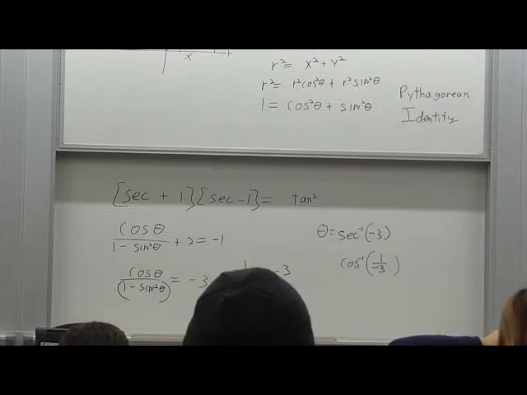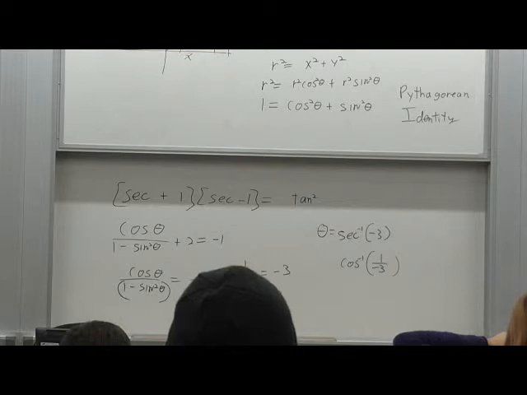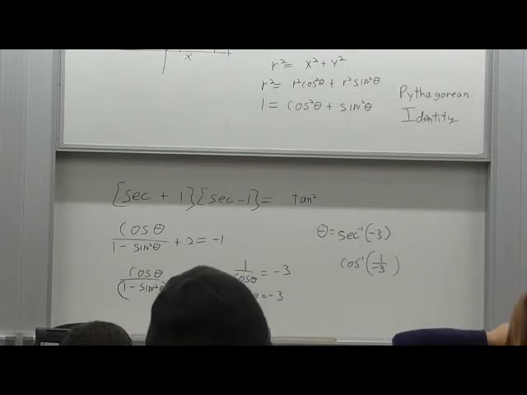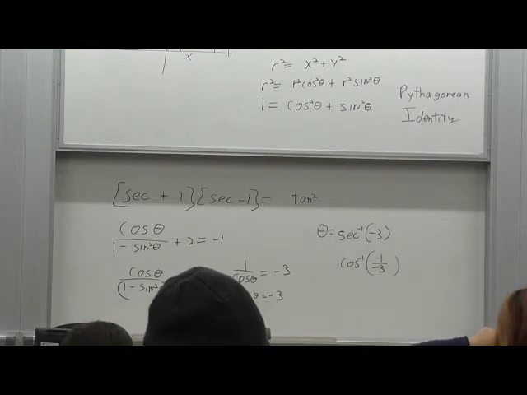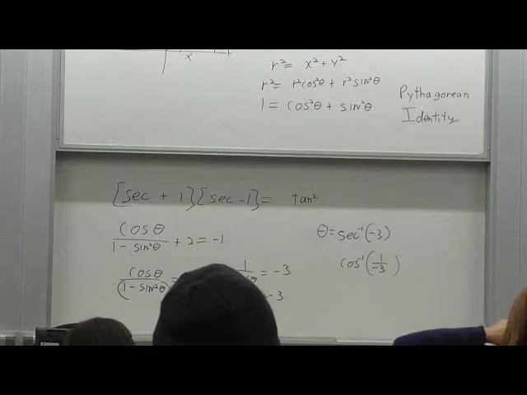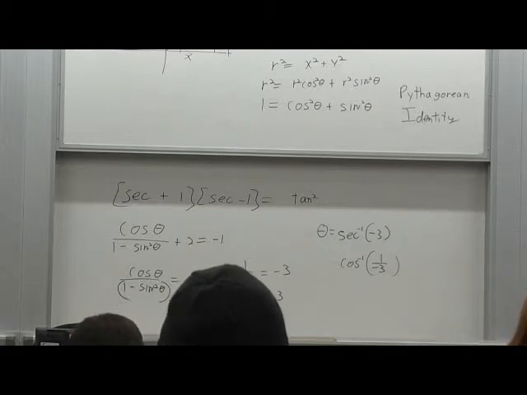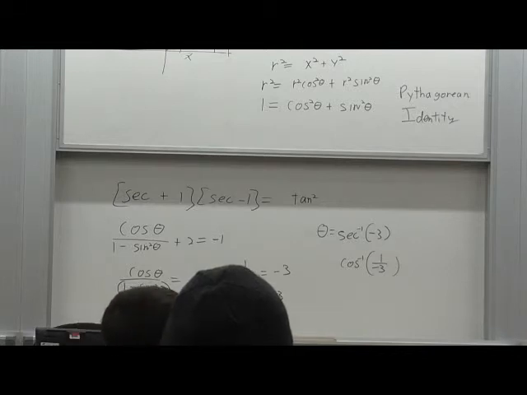Did that sleight of hand make sense to anybody? I've added a cotangent squared, so I'll just subtract it. And now I'll try what you were saying. So cosine squared theta, cotangent squared theta.